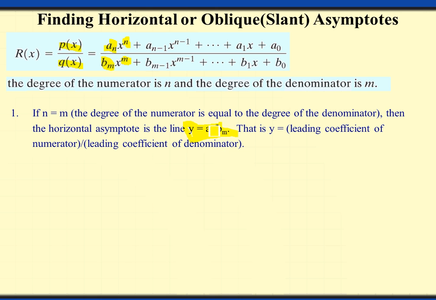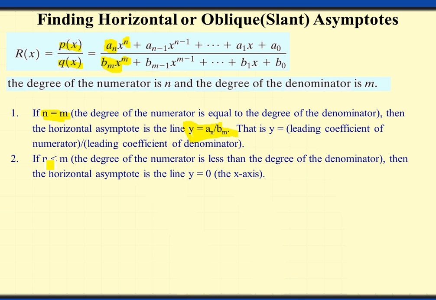It's y equals the leading coefficient of the numerator divided by the leading coefficient of the denominator. So all we do is look at the leading coefficient on top and the leading coefficient on bottom, and y equal to that ratio is the horizontal asymptote. But that's only if the degrees of the numerator and denominator are the same.